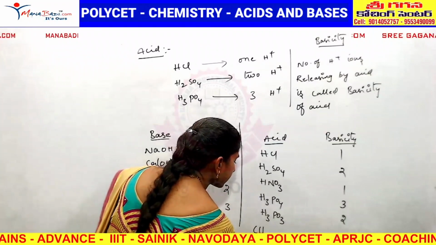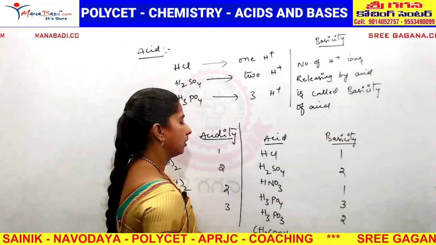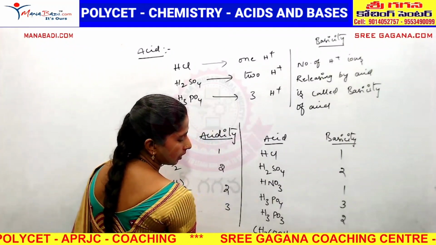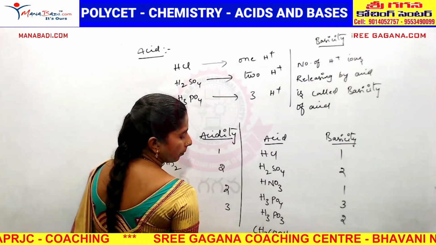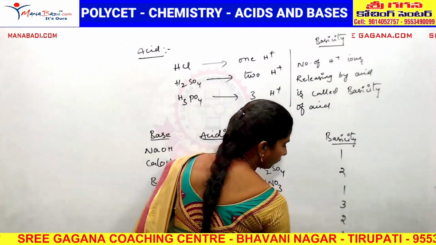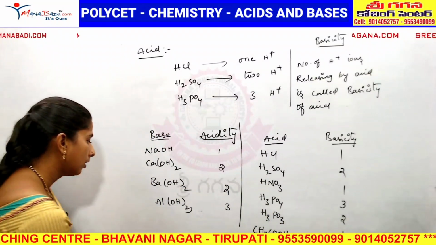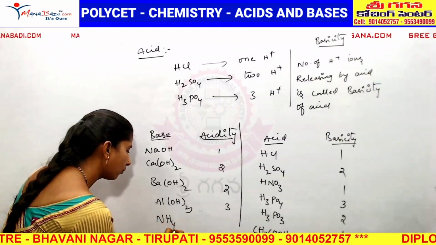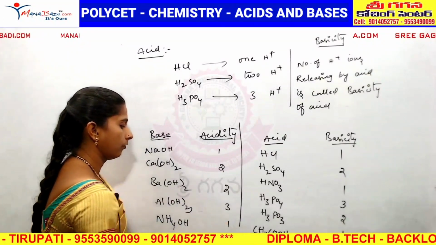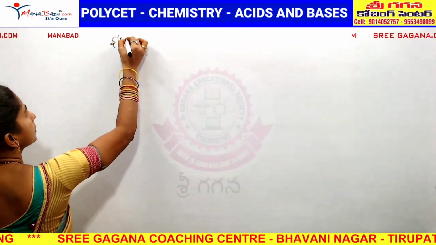And acetic acid, CH3COOH: only this hydrogen it can release. These 3 hydrogens are bonded with the carbon, so it releases only 1 H plus ion. So basicity is 1. And NH4OH, what is the acidity of the base? Only 1. Clear?